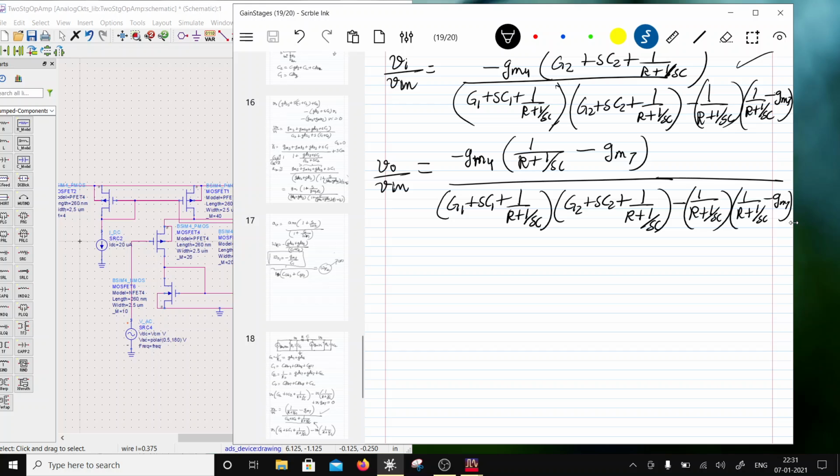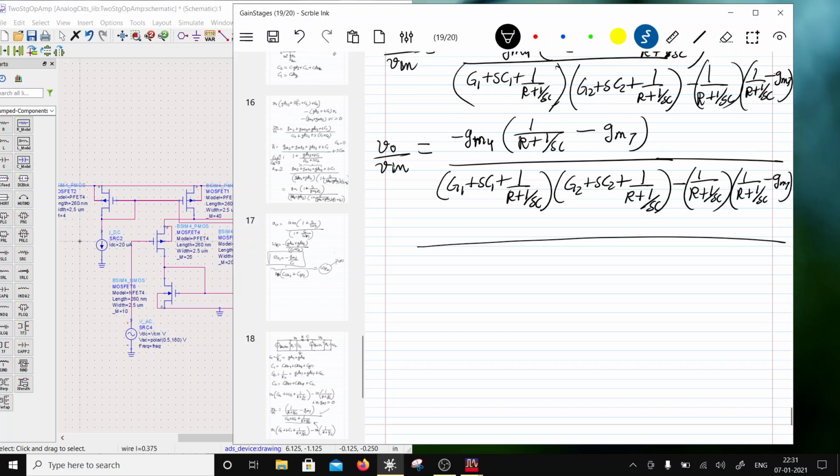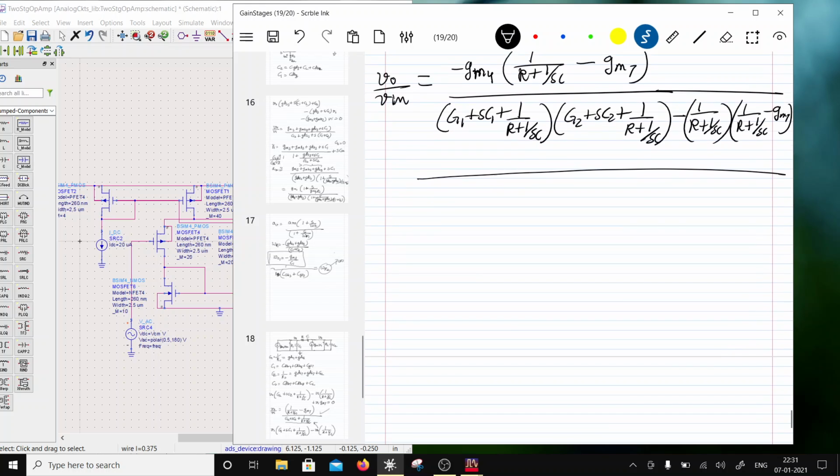So R1 R2, okay, R1 R2, G1 G2. Okay, so now I'm going to open this denominator. So I'm just going to solve the denominator first.